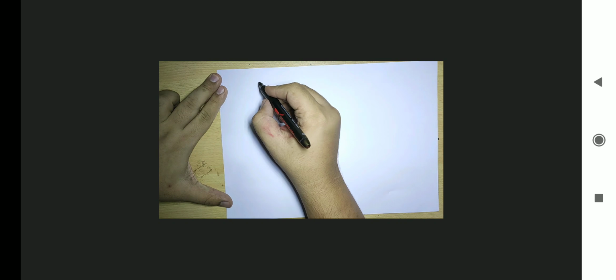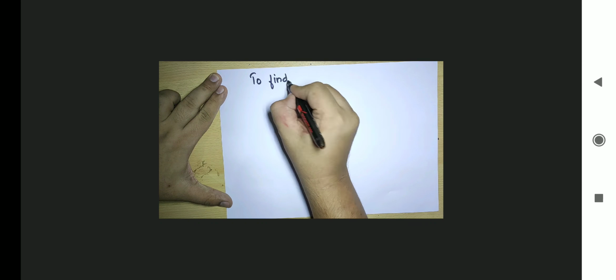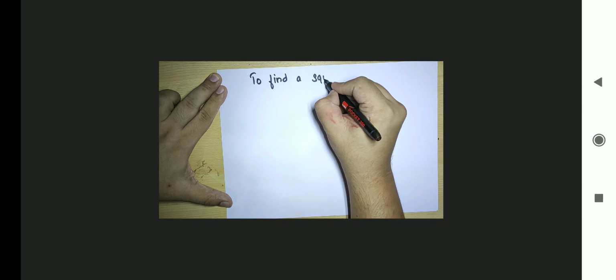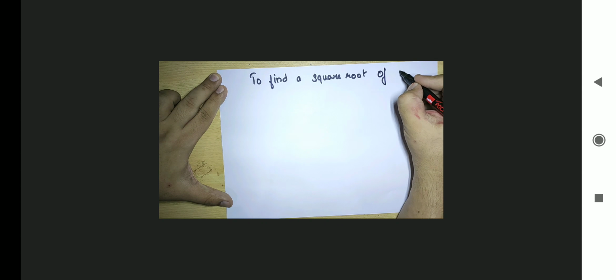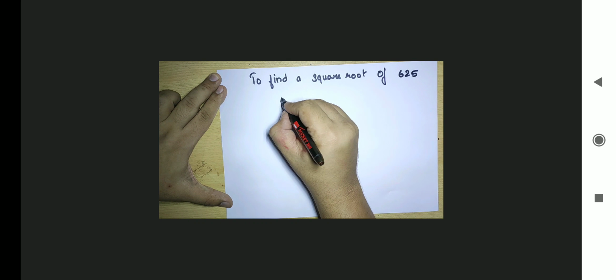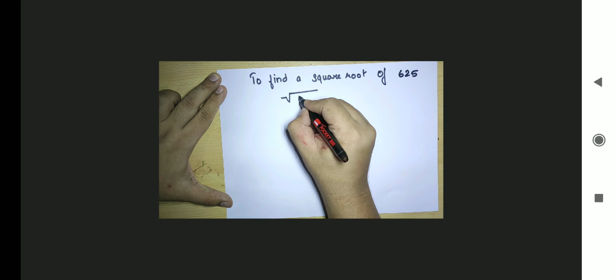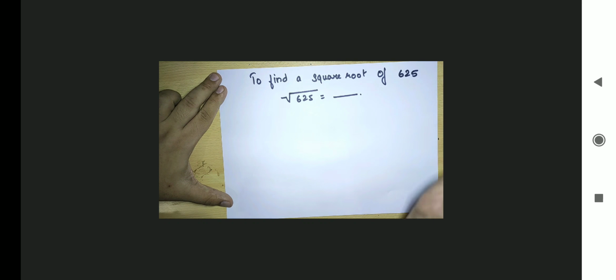Now, to find the square root of 625, this is the symbolic form to find the value.